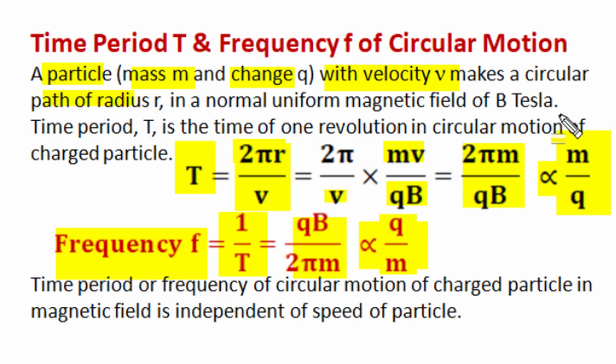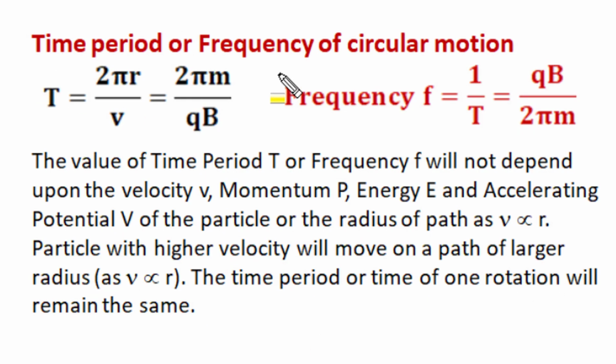And both expressions of time period and frequency clearly indicate that the time period or frequency of circular motion doesn't depend upon velocity, kinetic energy, or accelerating potential before the charged particle enters the magnetic field. This concept of time period or frequency of circular motion of a charged particle in a perpendicular uniform normal magnetic field is very important.